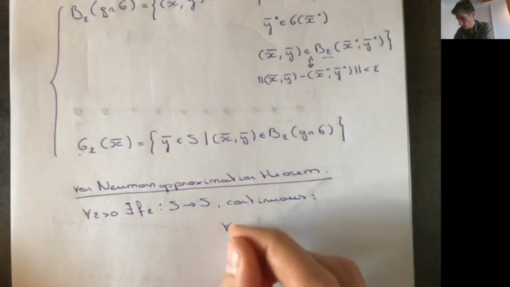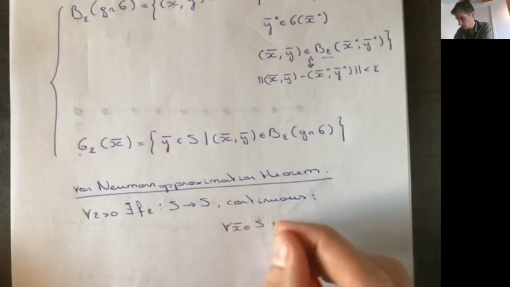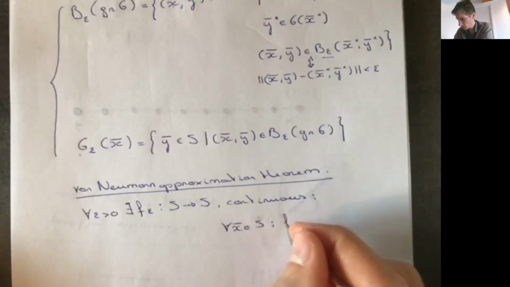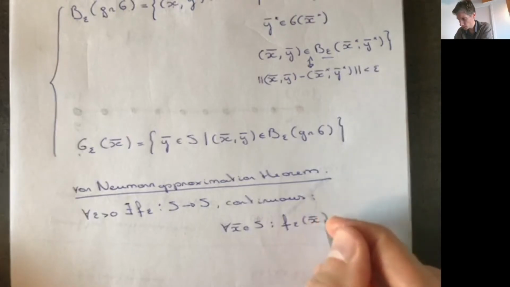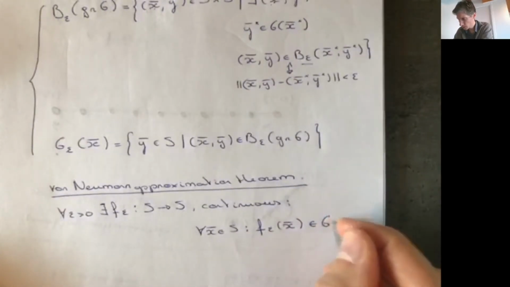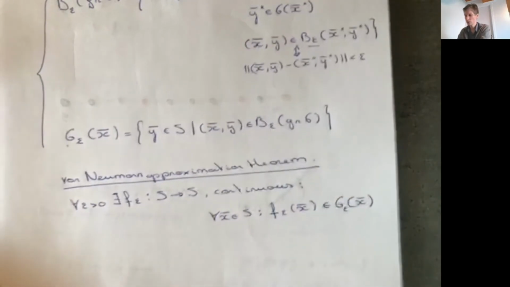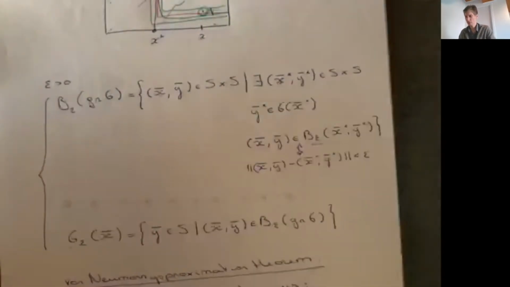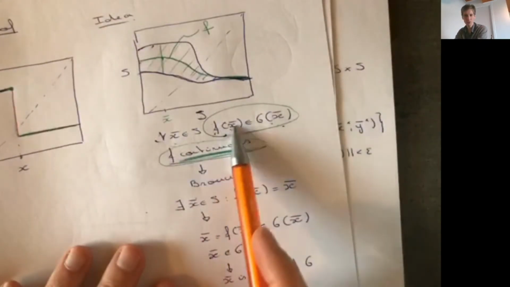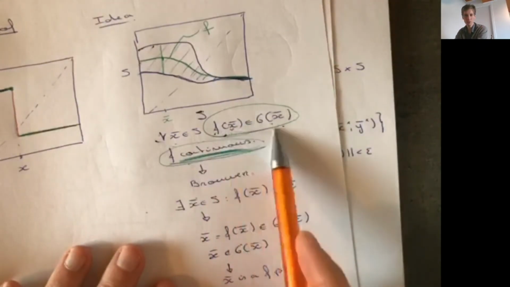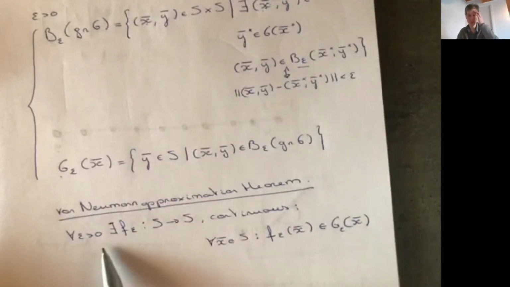such that for all x in s, f epsilon of x is in G epsilon of x. So in principle it tells me that I can always find a function that's continuous and satisfies this condition as long as epsilon here is strictly bigger than 0.